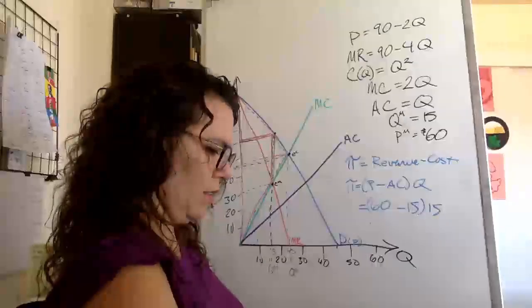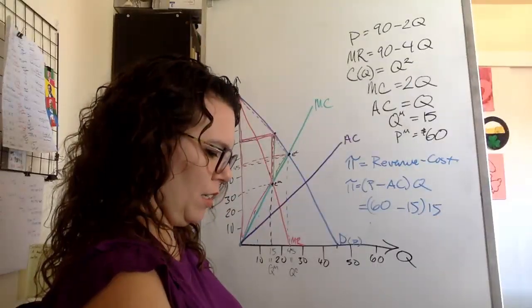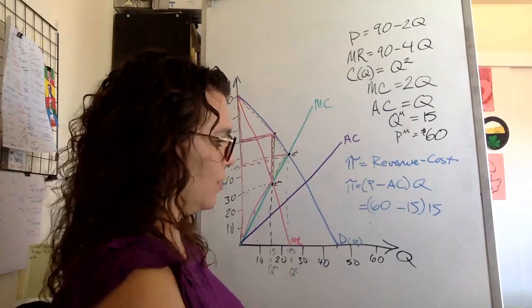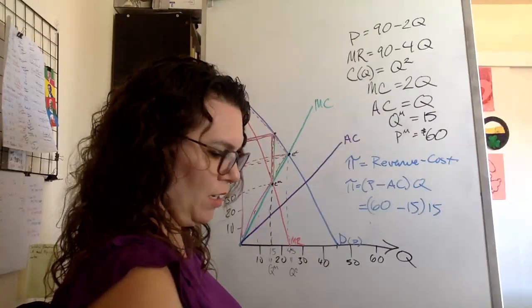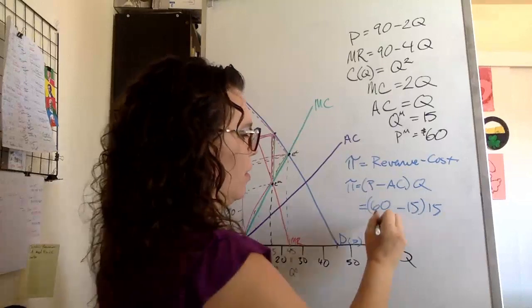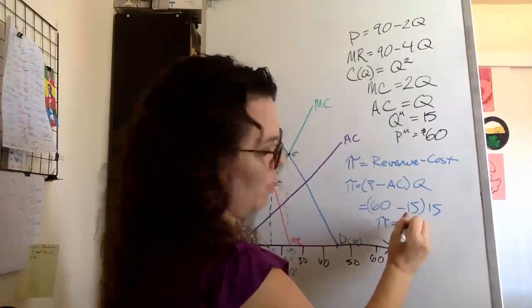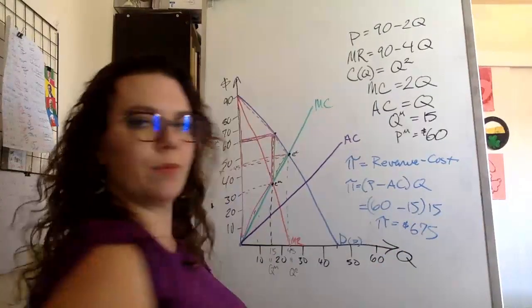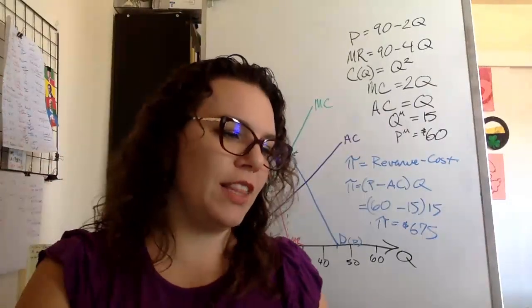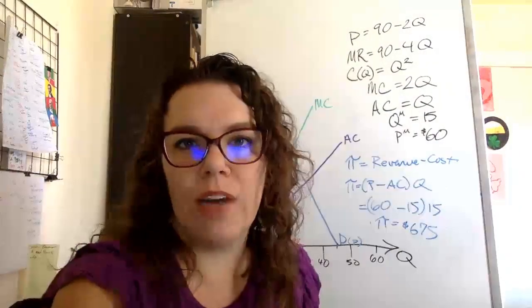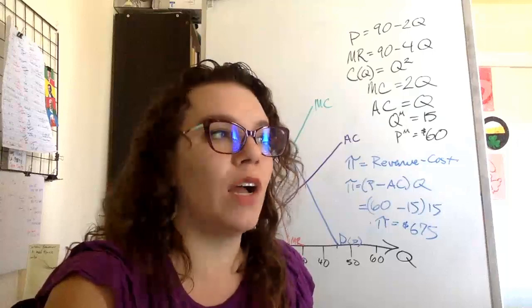So 60 minus 15 gives us 45 times 15 gives us profit of $675.